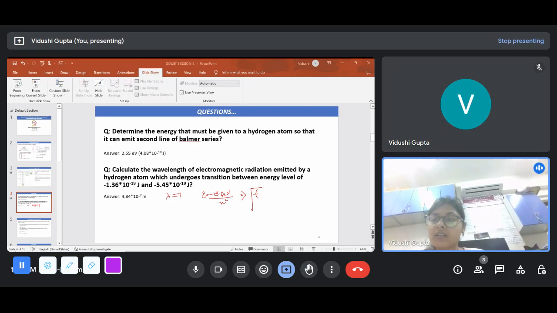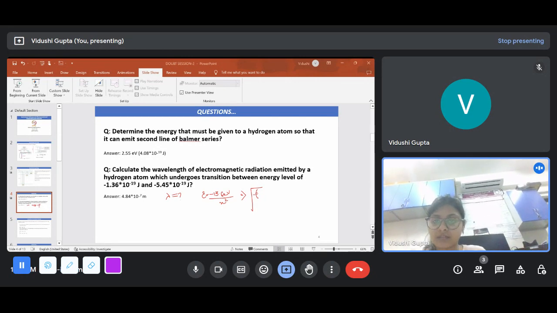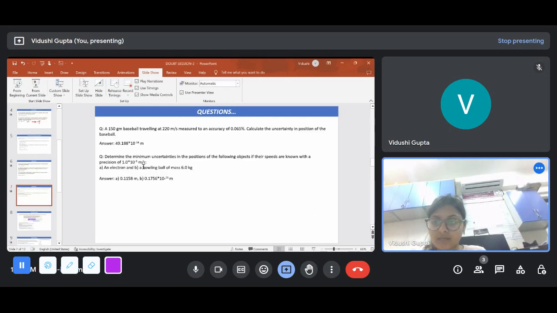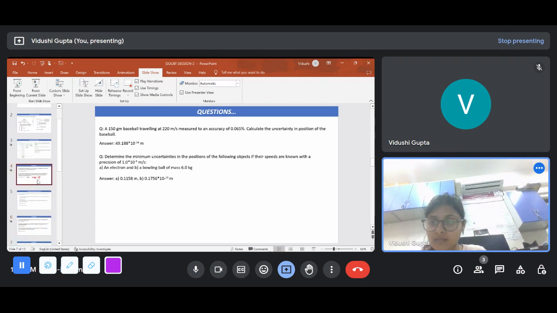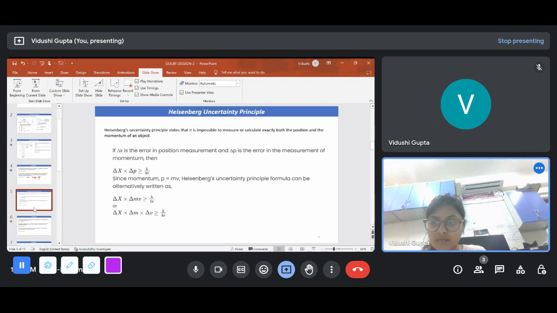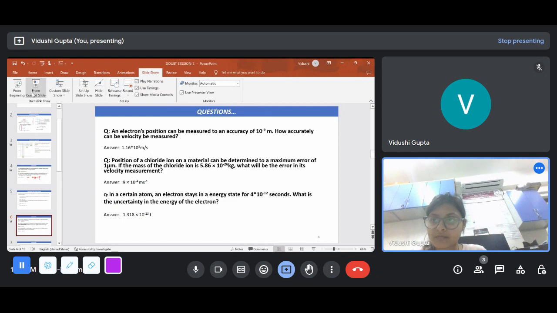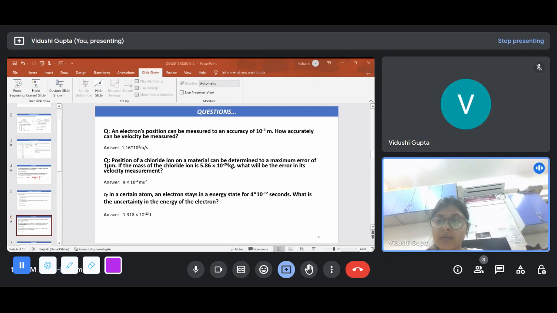And the value after solving will be 9 into 10 raised to minus 4 meter per second.